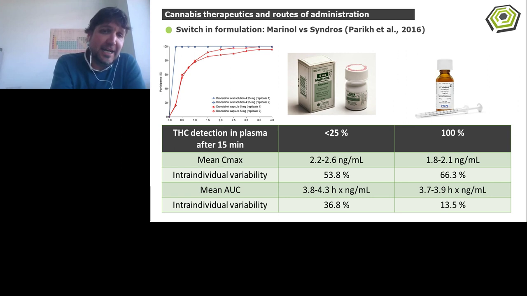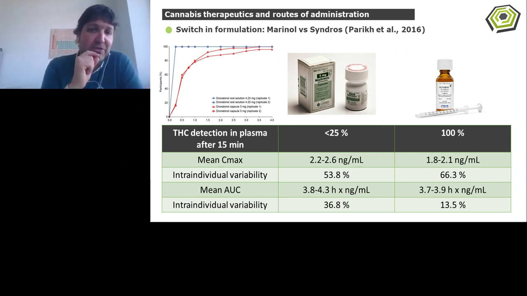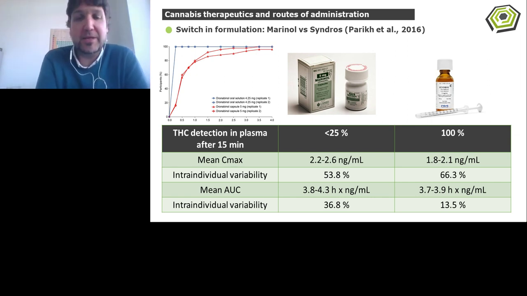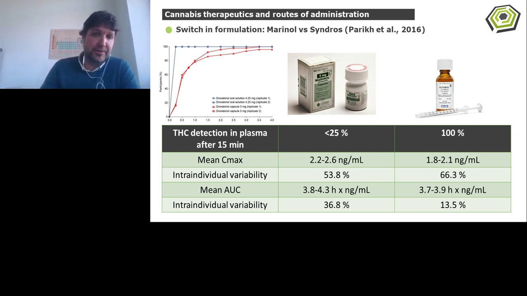And here you see that after 15 minutes, in all these volunteers or patients that took both formulations, 100% of those who took Syndros already had THC in their blood, and less than 25% of those who took Marinol had THC in their blood, meaning that Syndros is going to have a much faster absorption than Marinol, and that's very important, especially for acute indications such as acute pain or epilepsy, in which you need a fast response.